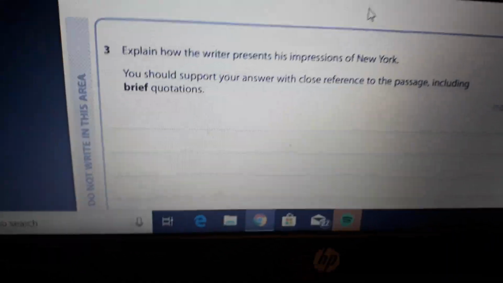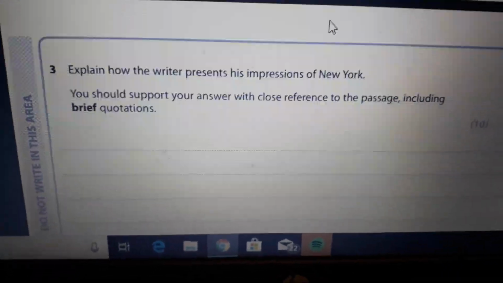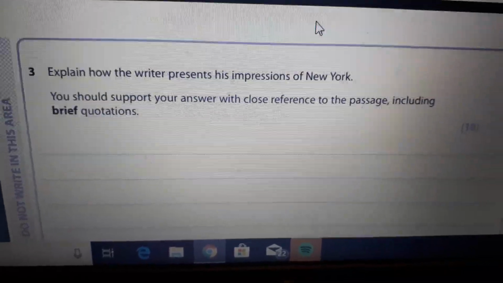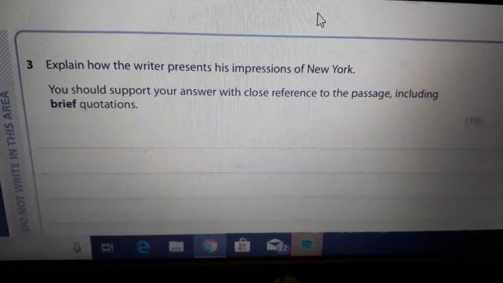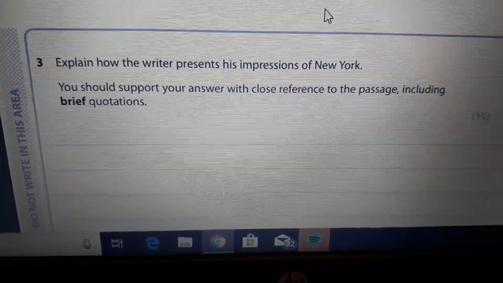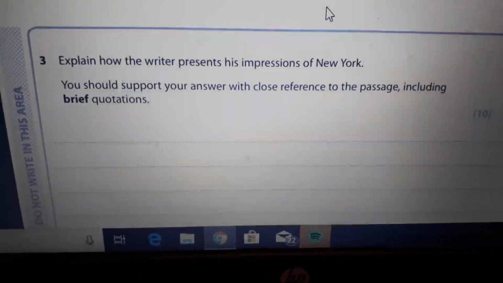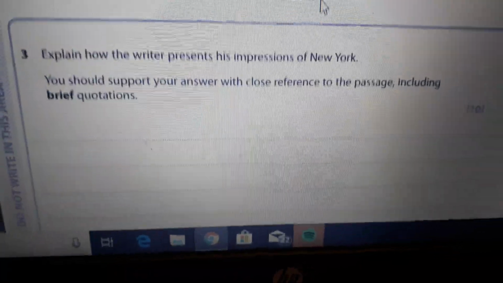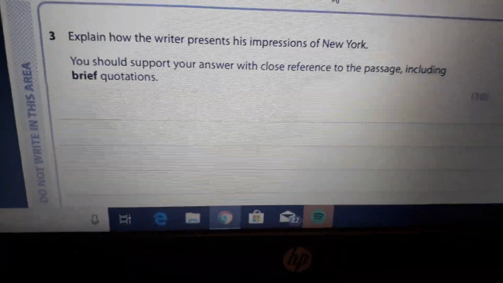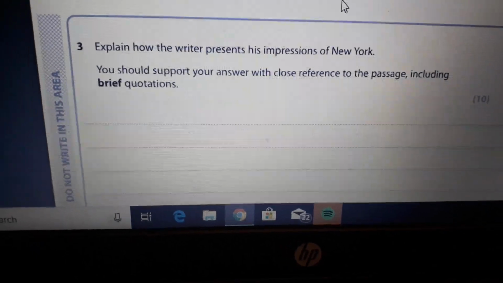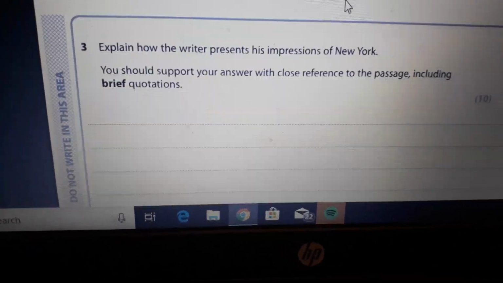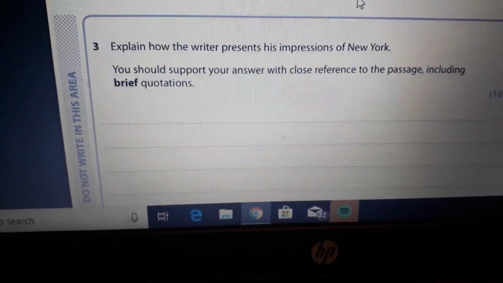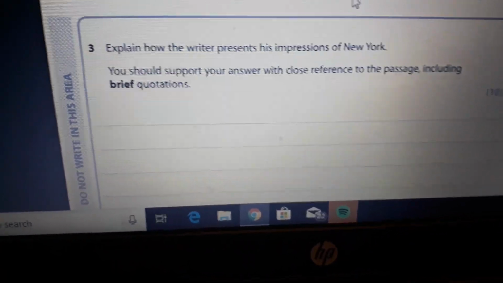So, in this question, first you are going to write a longer, essay type answer, and you have to focus not only on the content of the passage but also the presentational techniques. So when you prepare for this exam, your teacher must teach you those techniques: how writers write, the tools they use to communicate their ideas.